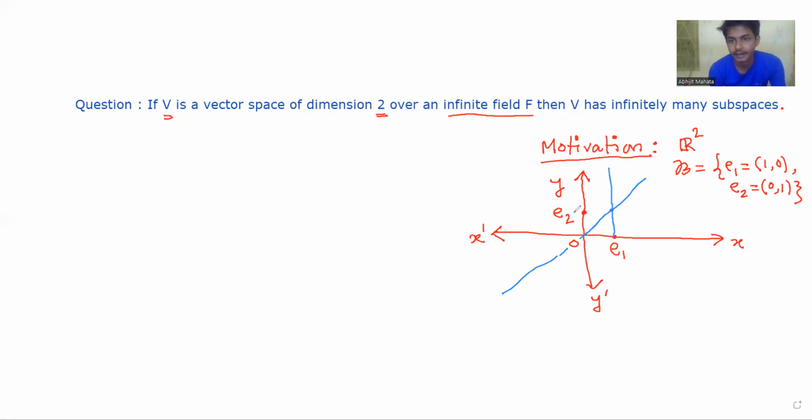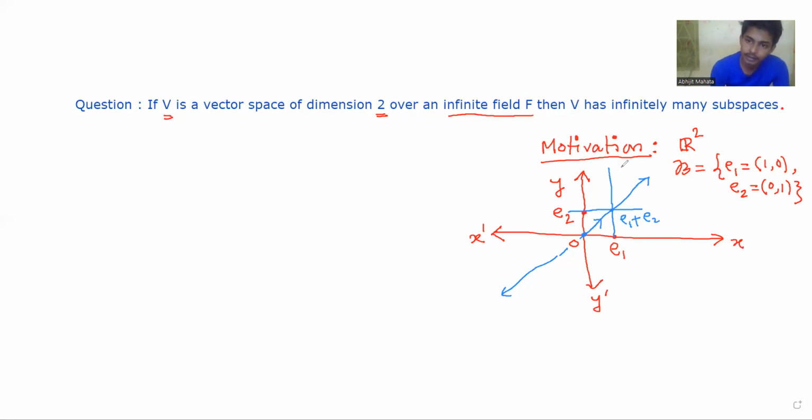The vector from the origin to this point is nothing but E1 plus E2. Now this vector E1 plus E2 actually spans this line. This means any point on this line is a scalar multiple of the vector E1 plus E2.